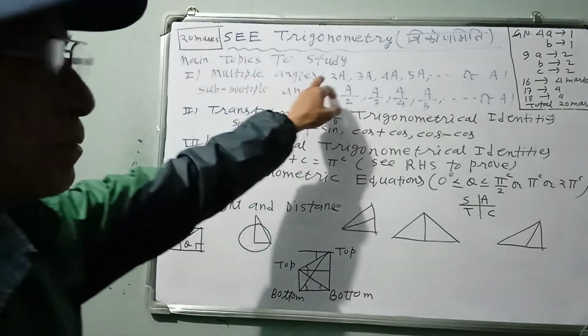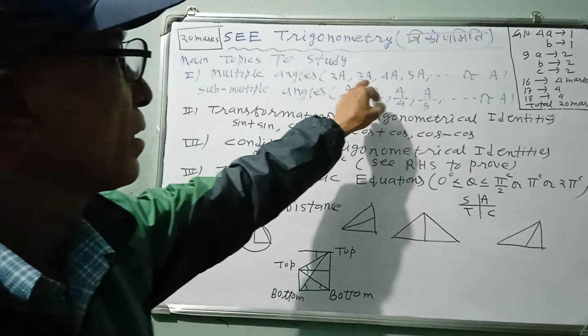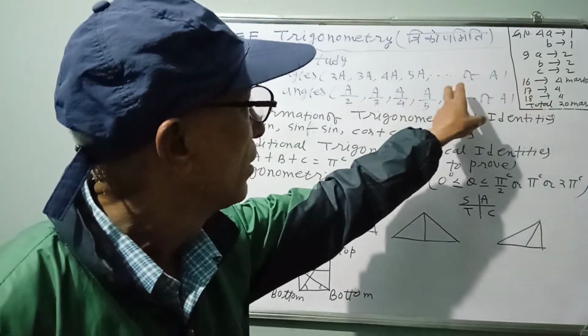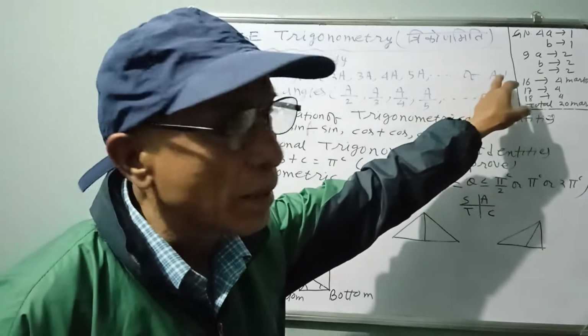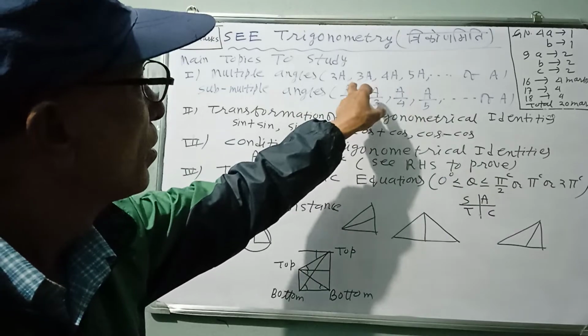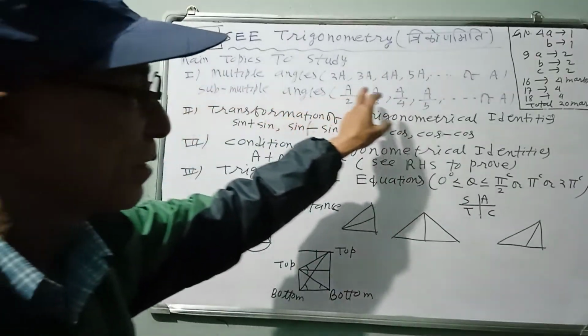A. Multiple angles. The angles like twice A, thrice A, 4A, 5A, 6A, 7A, 8A of angle A are called multiple angles. They are more than A, A भन्दा ठुलो. Submultiple angles.